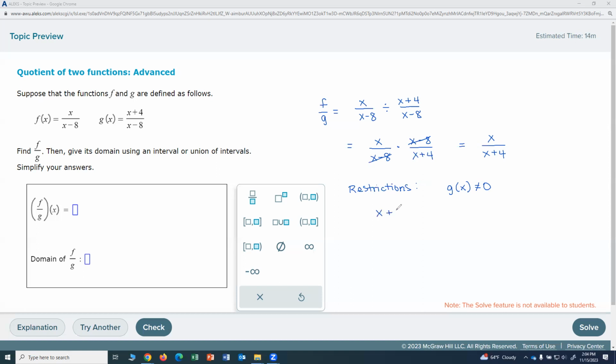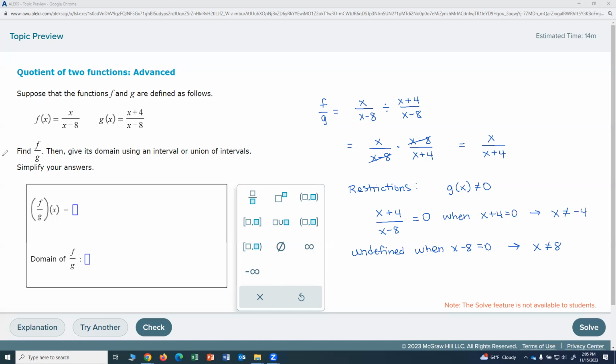So we have x plus 4 over x minus 8 equals 0 when the numerator x plus 4 equals 0. So that would tell us that x cannot equal -4. So that's one restriction. And then the other is that our functions are undefined when the denominator is 0. So when x minus 8 is equal to 0, that would tell us that x cannot equal 8.